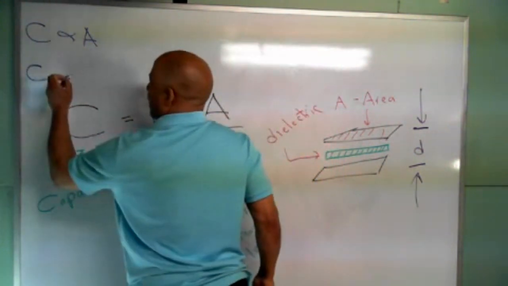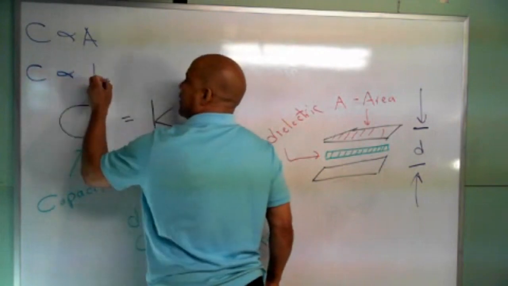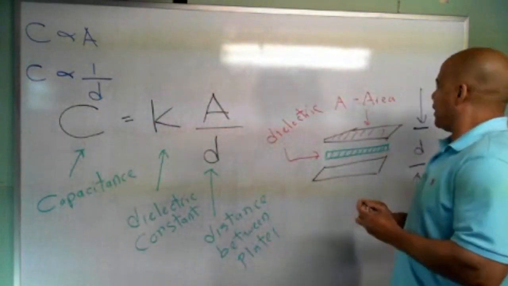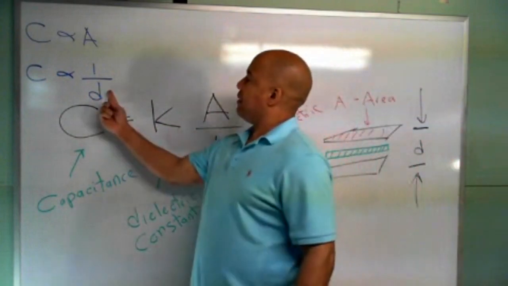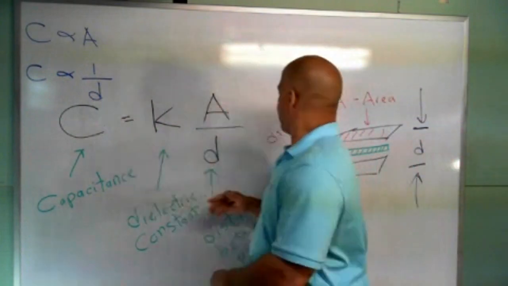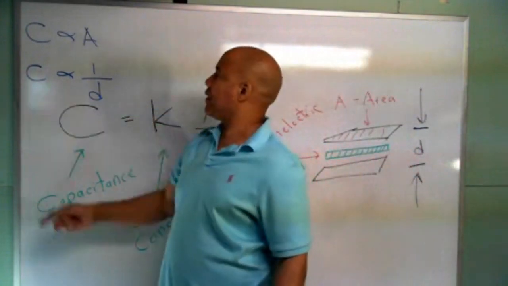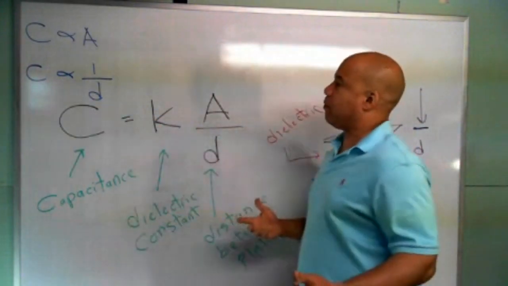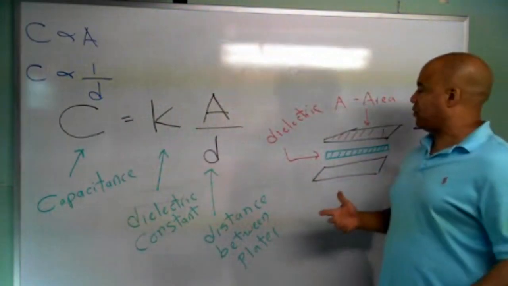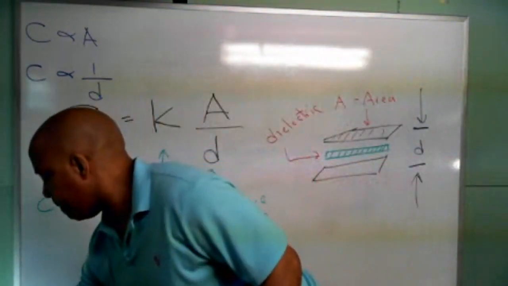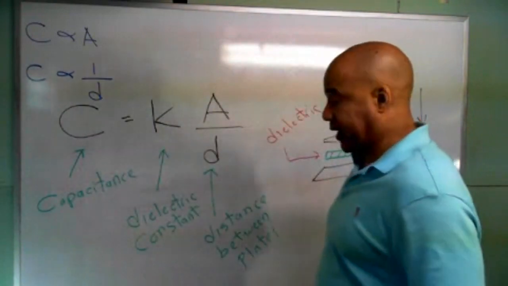C is inversely related to D. Now that's kind of interesting. The bigger the distance between the plates, the smaller the capacitance. Now, the way you can wrap your mind around that is this. Remember, what is between the plates is electric field.